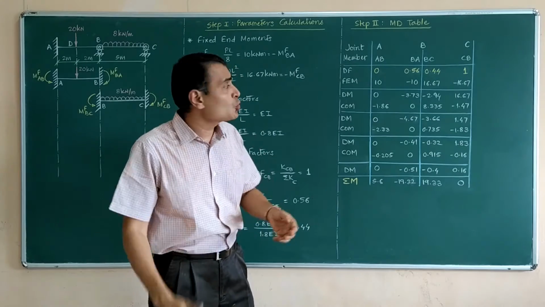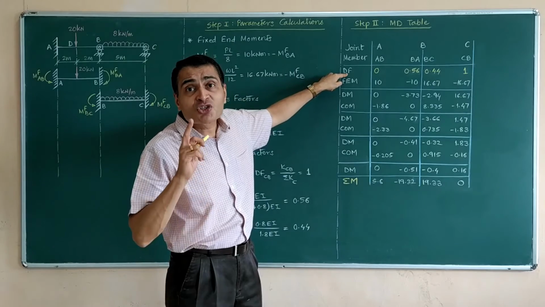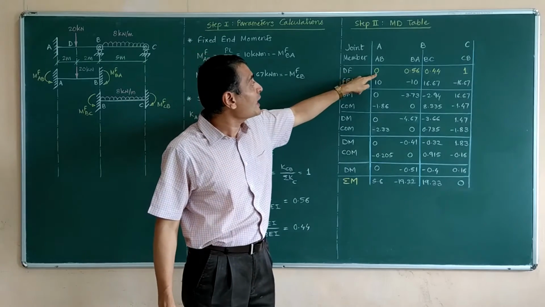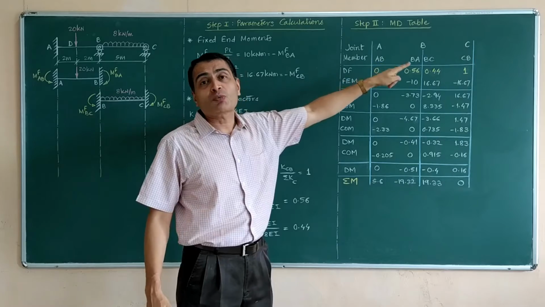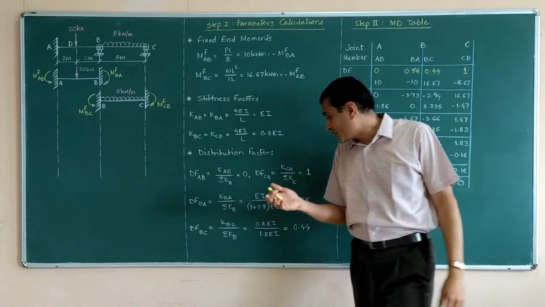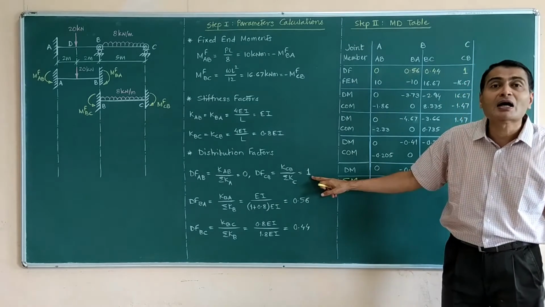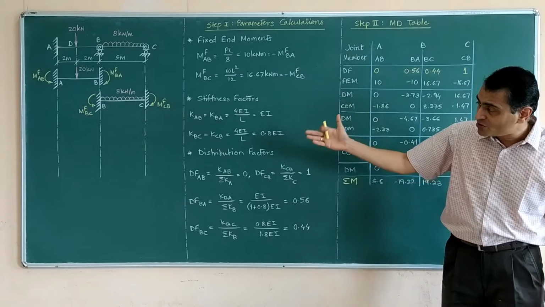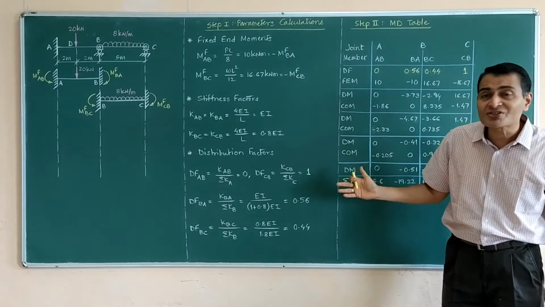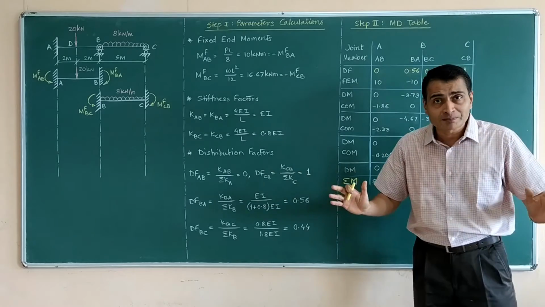What else do I want to note? I want to most importantly make a note of distribution factors. So for AB I have written 0, for BA I have written 0.56, for BC I have written 0.44, and for CB I have written 1. Why 0, why 1, why 0.56, why 0.44, all these we discussed thoroughly.